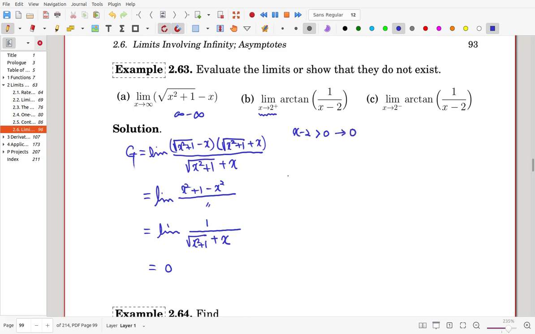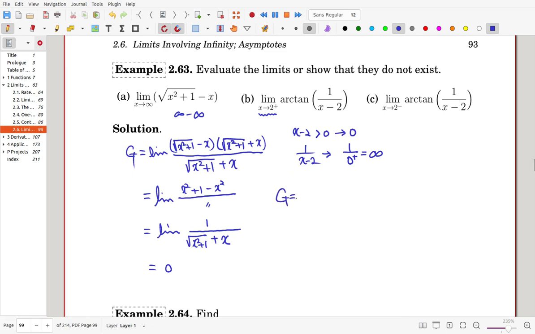So 1 over x minus 2 is approaching 1 over 0 plus, which means it blows up to infinity.